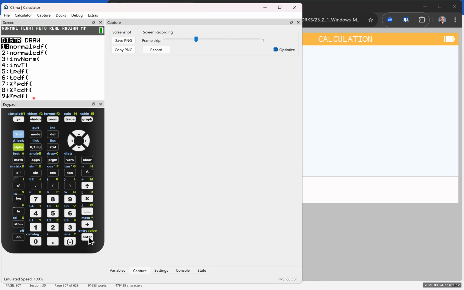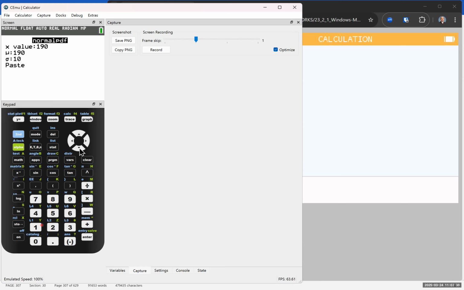So I'm going to click enter. So now it wants the X value. So the X value that we're going to put in is going to be 190. The mean of the distribution is 190. The standard deviation, if I remember correctly, was 10.